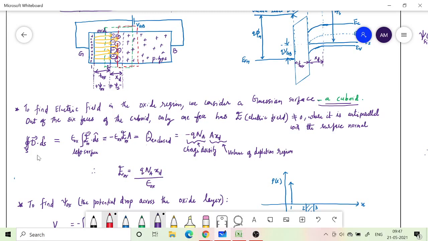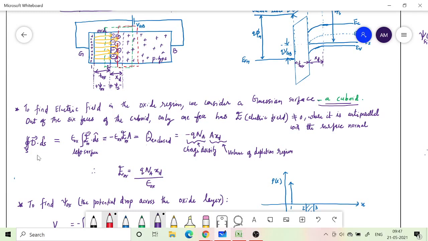If you take a dot product of that unit vector with the electric field which is going to the right side, you will get a minus sign here. Since the field is constant, you can take the electric field value out of the integral, and then you have the double integral of dS, which is going to be the area of that face.